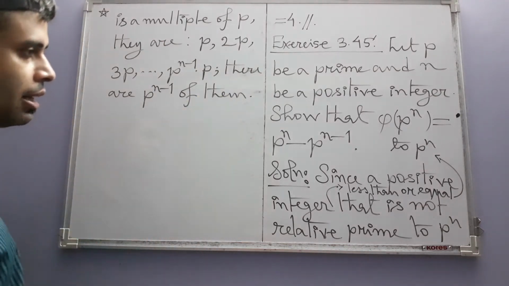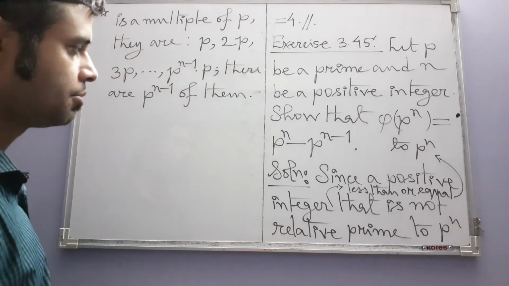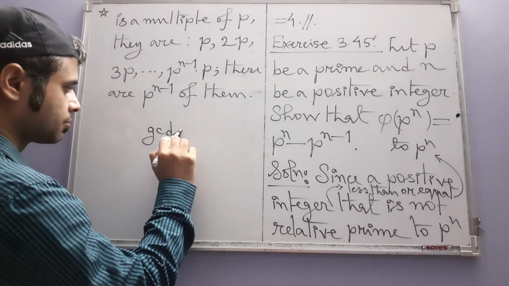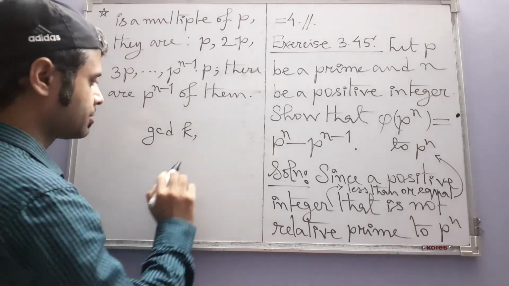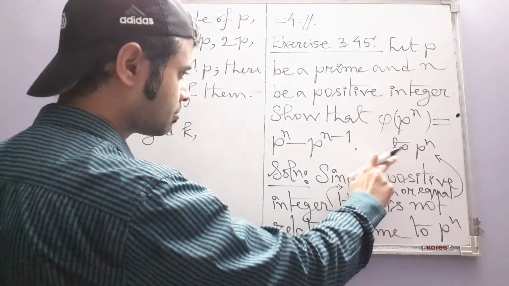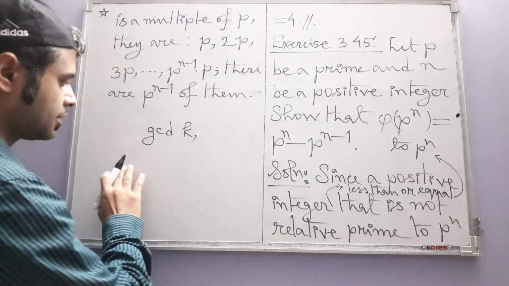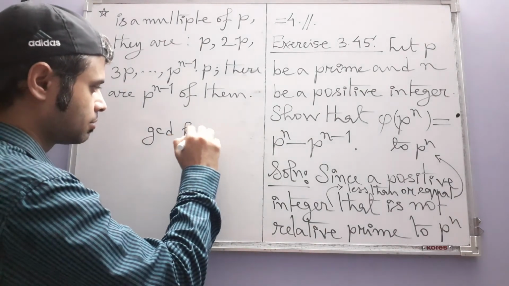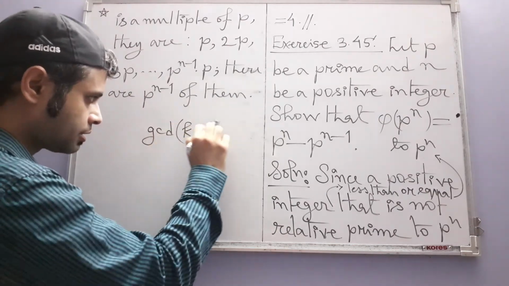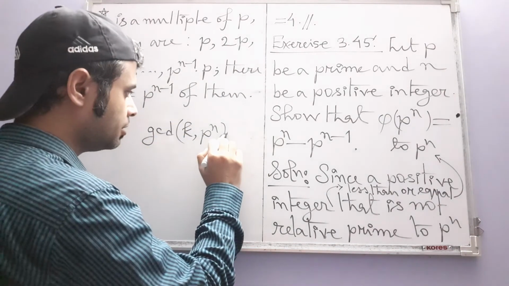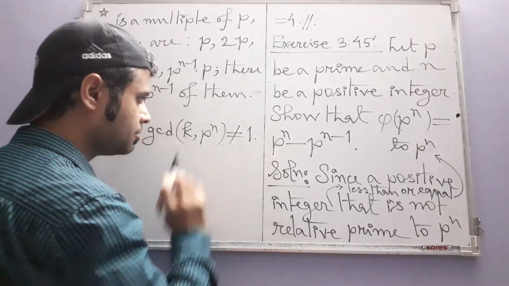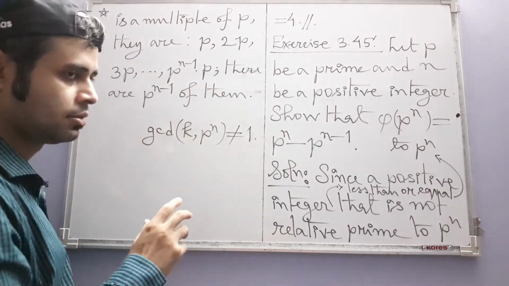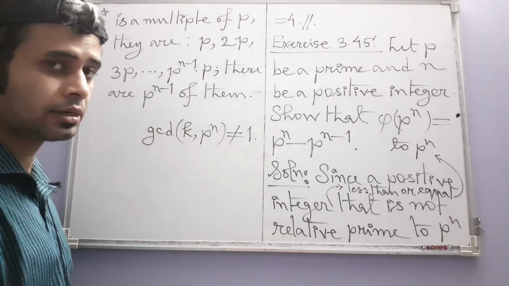And do you see why this is true? It is because if you consider this, say k is a positive integer, forget for a moment this restriction that it has to lie between 1 and p to the power n, because that's not something we need to understand this thing. This is not equal to 1 means what? That the GCD of k and this is greater than 1.